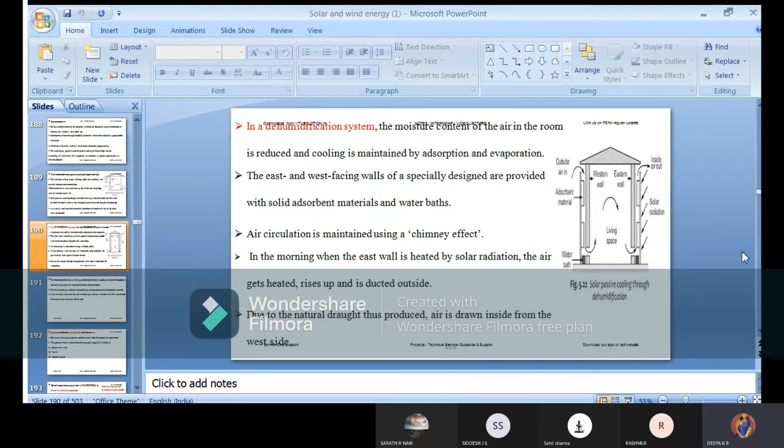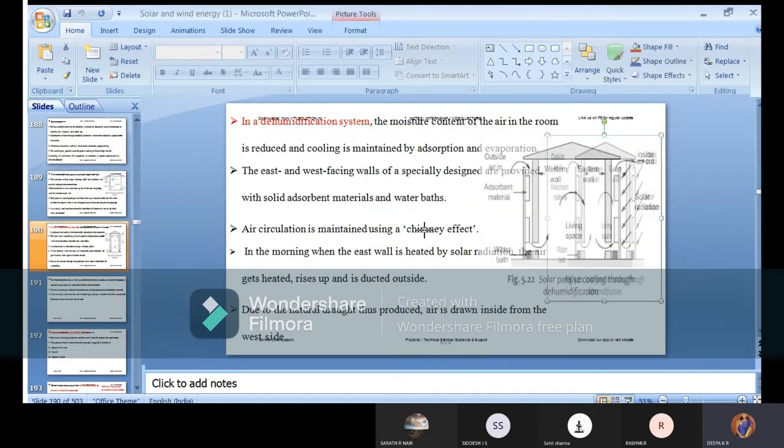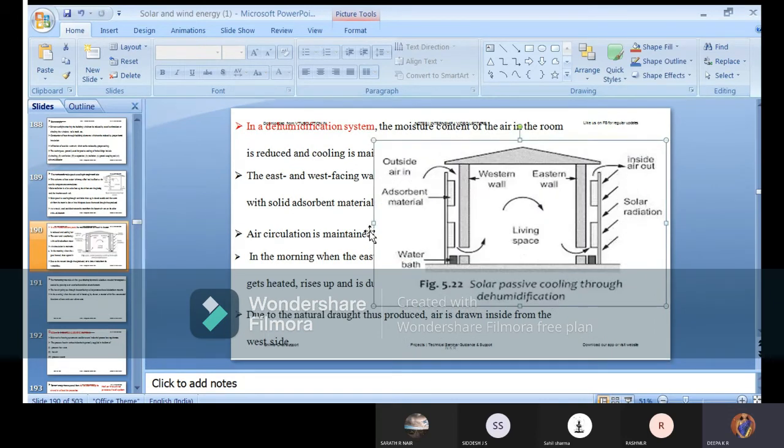Okay, so first we'll see the diagram of how the construction has been done with dehumidification. First see what all the extra things have been done in the system. As usual, it looks like a small house, and here you can see absorbent material, outside air, western wall, eastern wall.